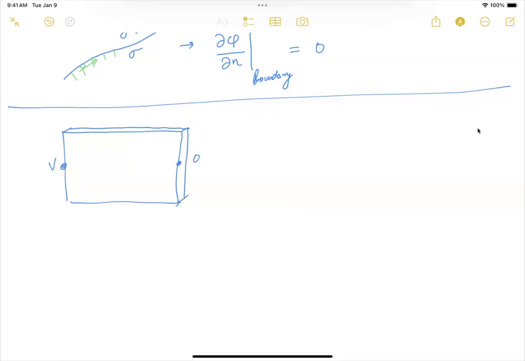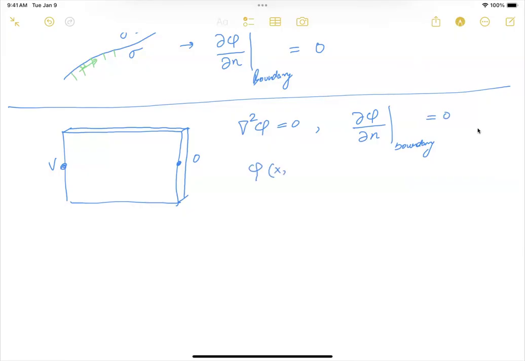To solve for the potential distribution, and hence get the value of the current density as well as the voltage distribution inside this plane, we just have to solve the Laplacian of the potential inside this plane, subject to the boundary condition that the normal component of the gradient of the potential anywhere on the boundary of this plane must be 0. So there's no normal component. If we solve this, then we can get the potential.